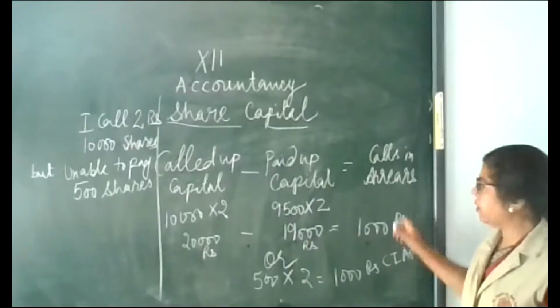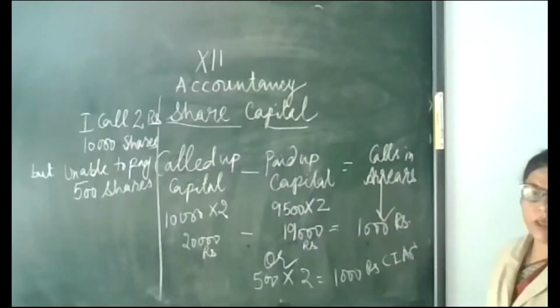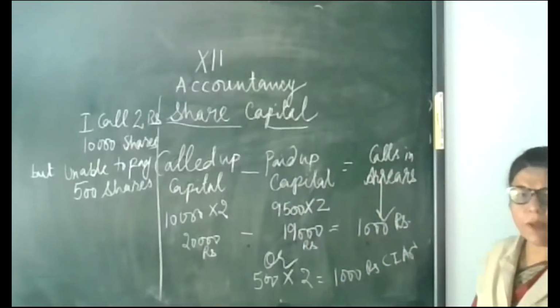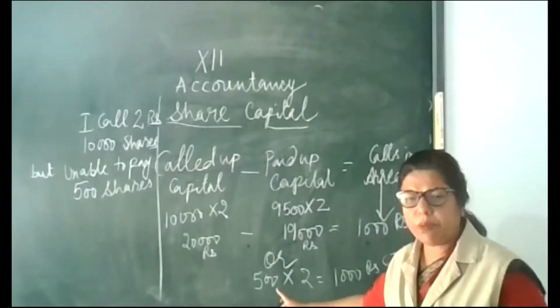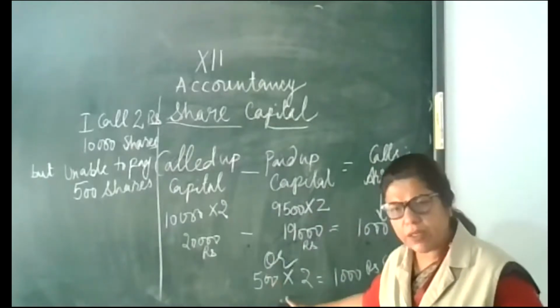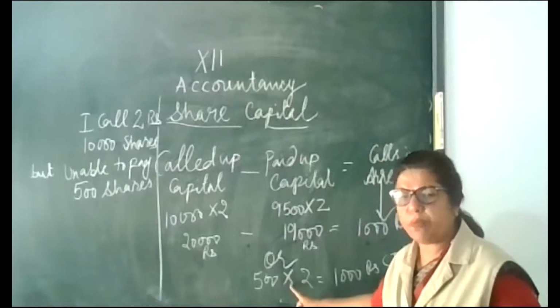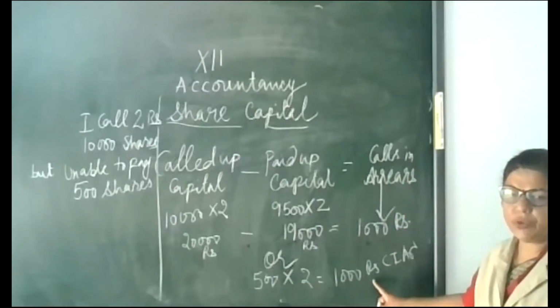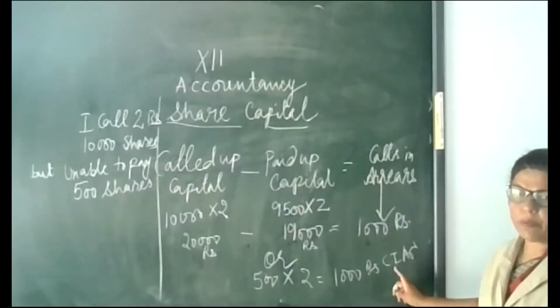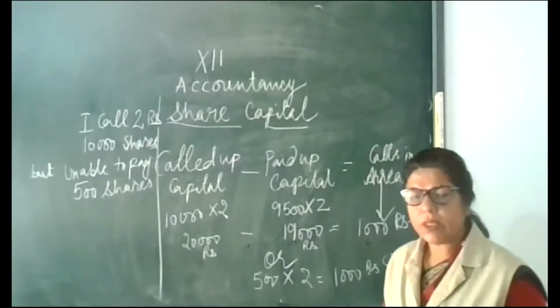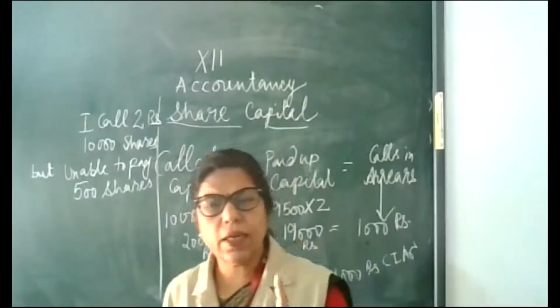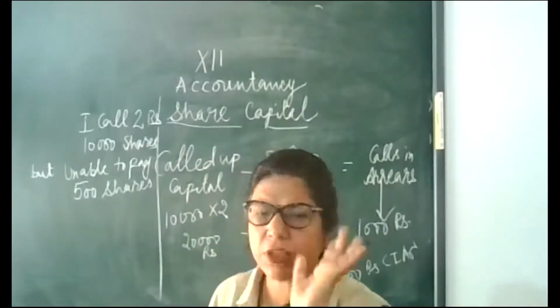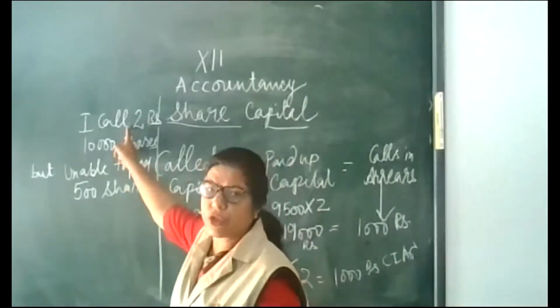It means 1,000 rupees call in arrears. Another pattern: number of shares 500 unable to pay into rupees 2 is 1,000. Got it? This is the arrears on the first step, that is the first call.